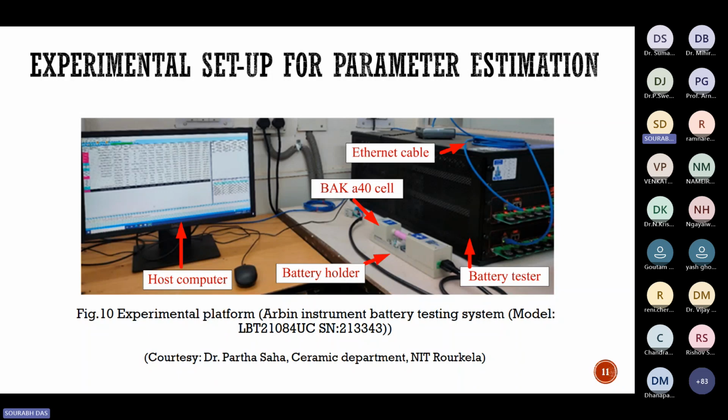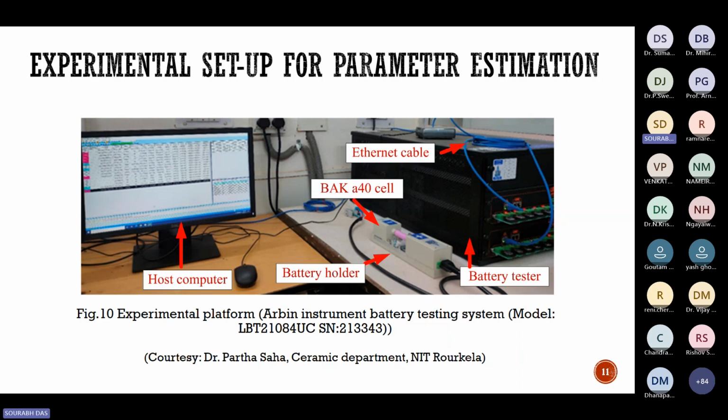So this is the experimental setup for the battery testing, and by this tested data, we can estimate the parameters of the equivalent circuit model. This is basically an Arbin instrument. This Arbin instrument is used to test the Samsung 26J 18650 cell characteristics.